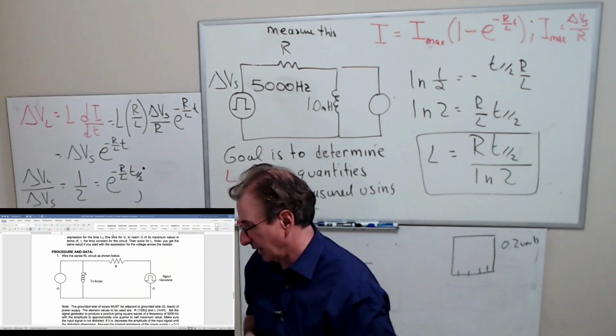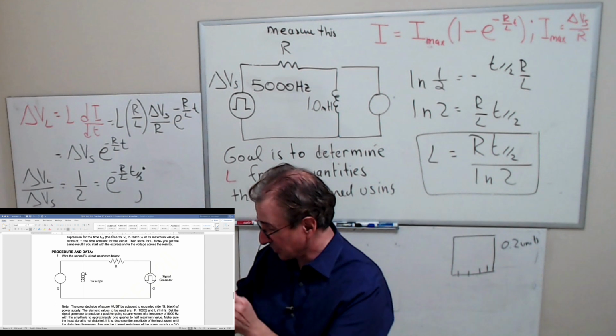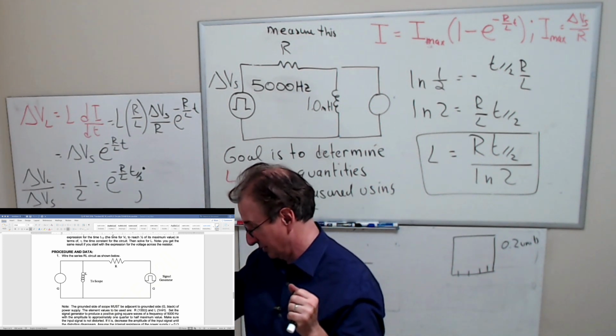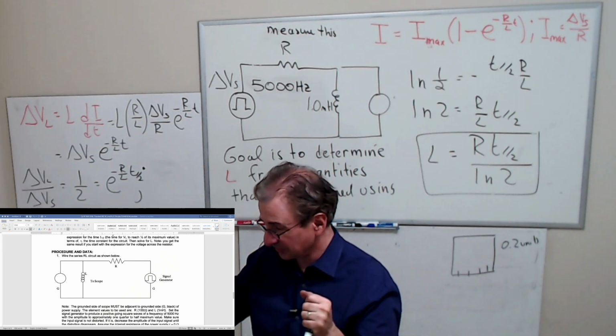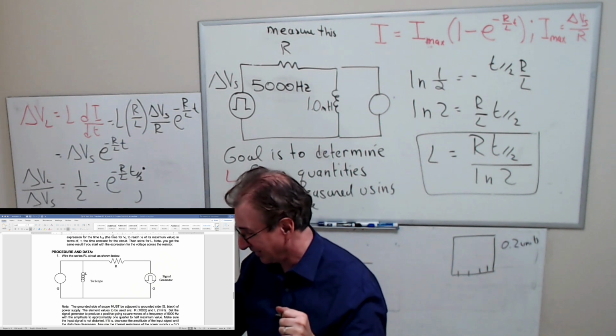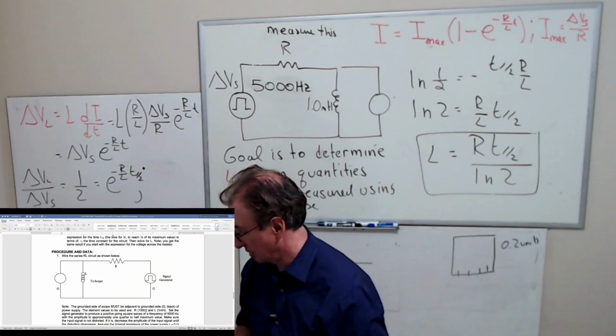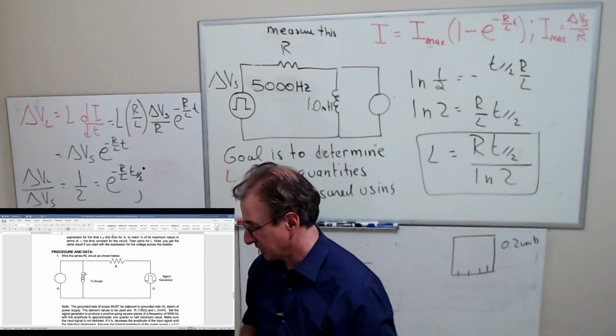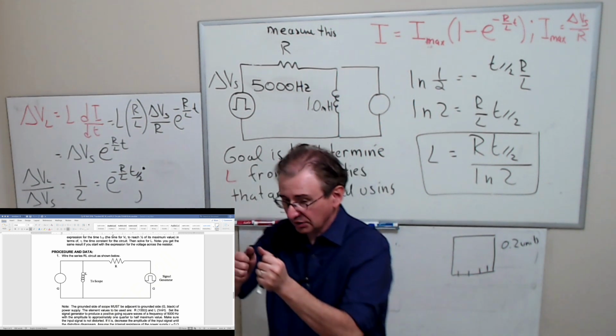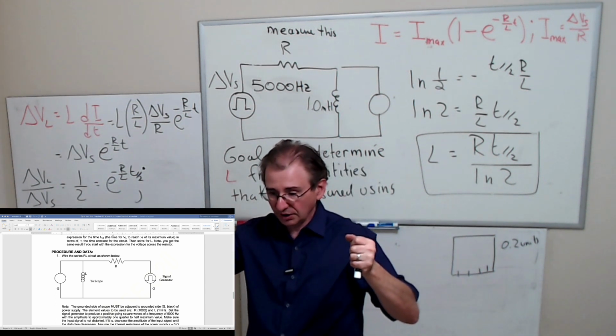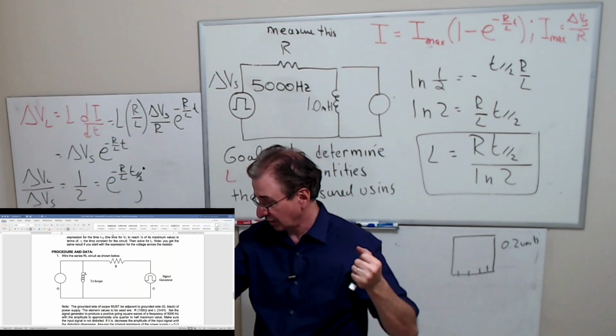Of course, if you can expand your trace, the more you expand your trace, the smaller your time scale, then the better your resolution. Does that make sense? If you can expand the trace on your scope and make the measurements, that's the goal.